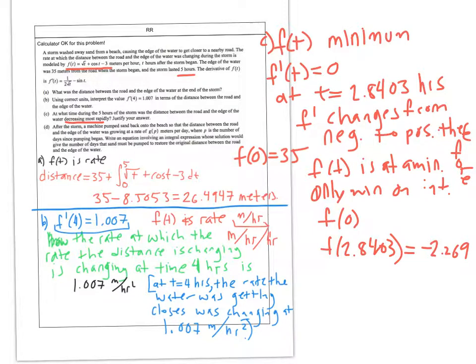F of 0, I'm going to store 0 as x. We get negative 2, so that second value is our winner. You got to be careful with endpoint things. You may end up having something that you need to deal with.